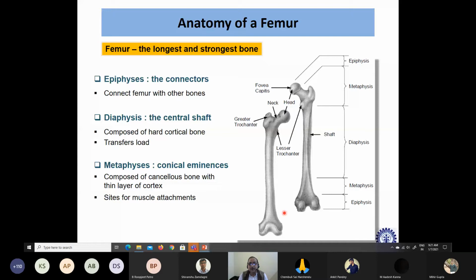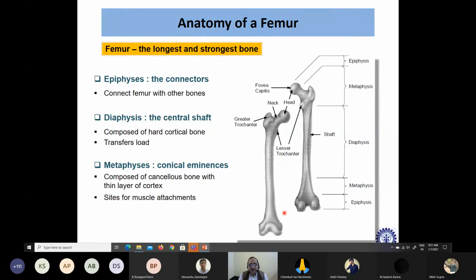Now, as you all know, we are discussing the musculoskeletal system, and within that, the femur is the longest and the strongest bone. If I was in a class, I have exact replicas of femurs, and I could have shown you so you could get a feel of the structure.